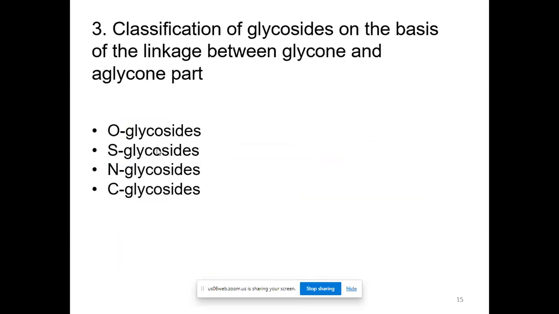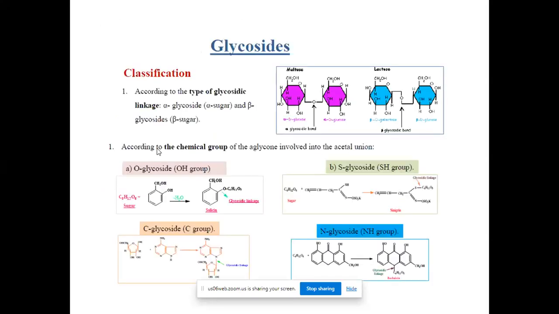They can also be classified according to the linkage. The O glycoside, S, oxygen, sulfur, nitrogen, and carbon. And you'll see for the cardiac glycosides, they're mostly the oxygen, the O glycosides. They can also be classified according to the linkage, it's either alpha or beta, or the chemical group of the glycon.